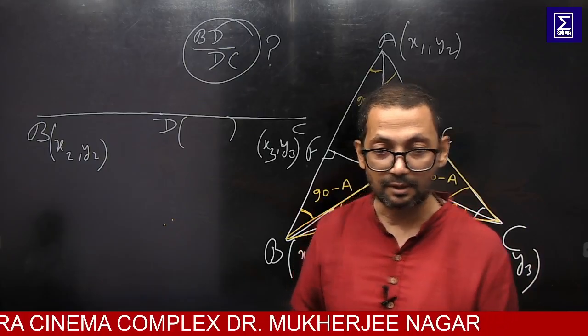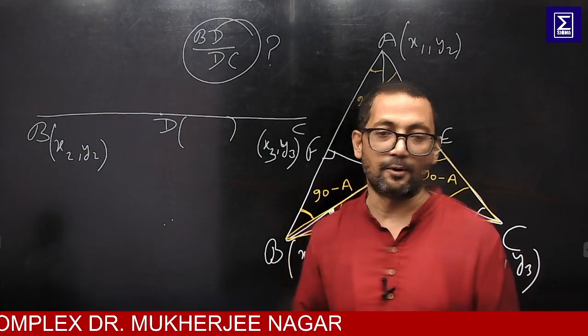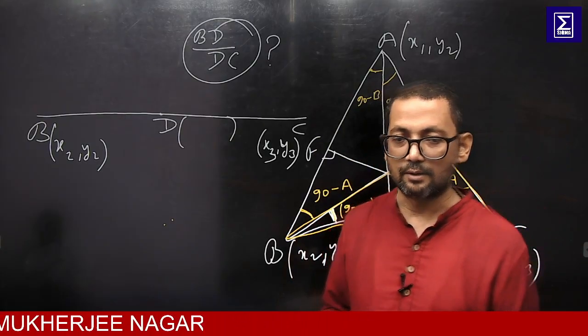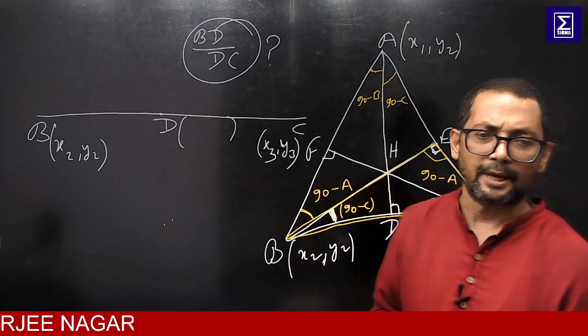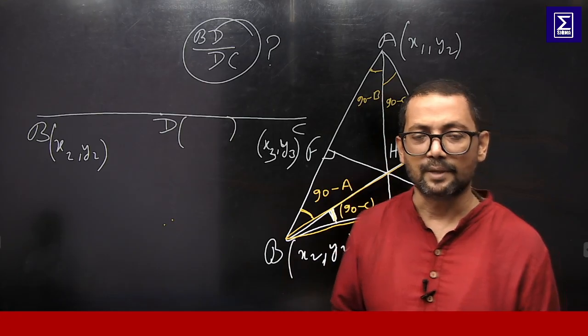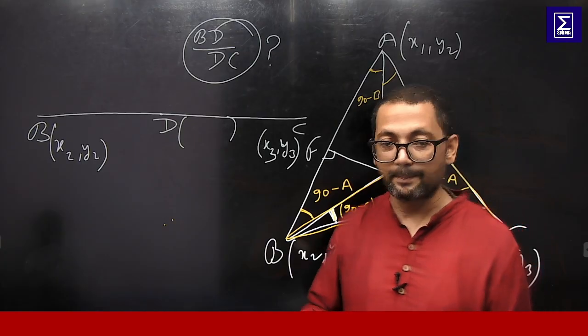Section formula. Section formula is what? The x coordinate, abscissa, is (m x2 plus n x1) upon (m plus n), and the ordinate is (m y2 plus n y1) upon (m plus n).